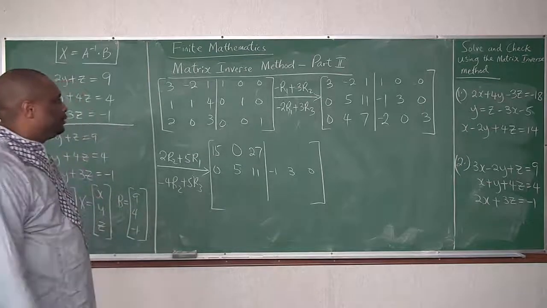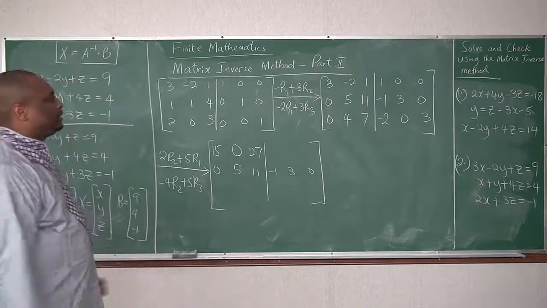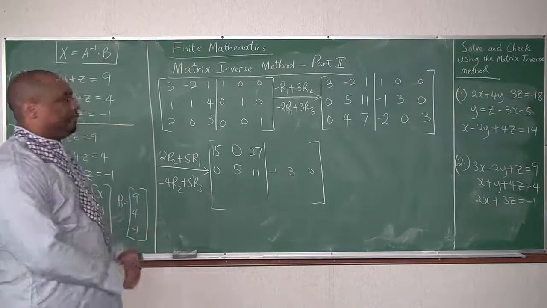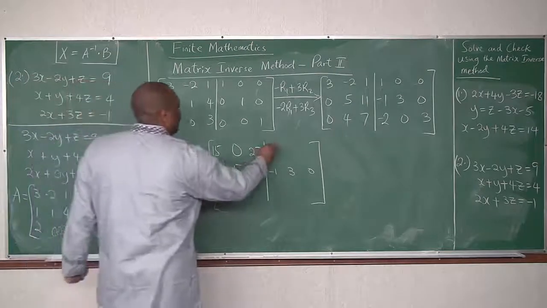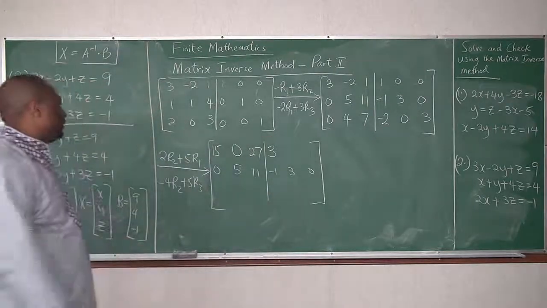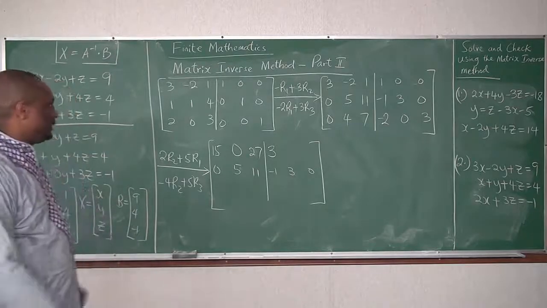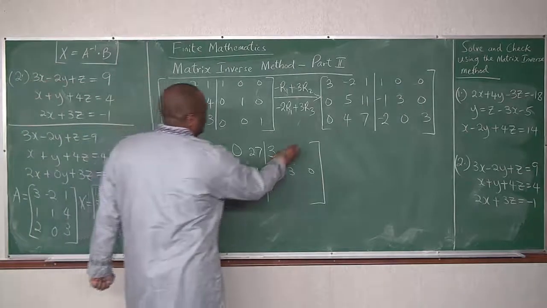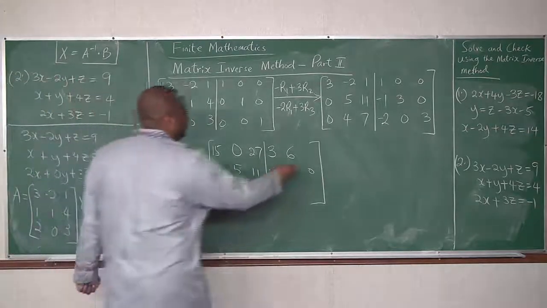Then 2 times negative 1, negative 2. Negative 2 plus 5 is 3. Then 2 times 3 is 6. 6 plus 0 is 6. 2 times 0, 0 plus 0, 0 is 0.